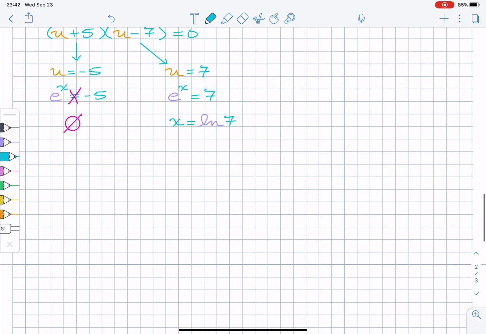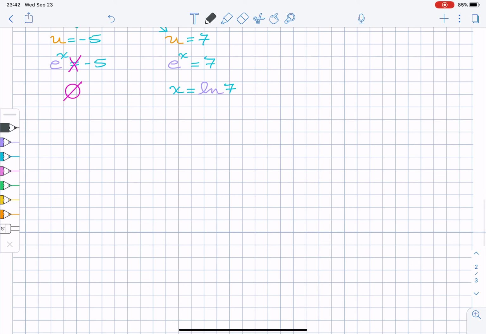Okay, so number 2, let's say we have 3 times e to the quantity 5x minus 15, minus 7 is equal to 23. So what do we have here?